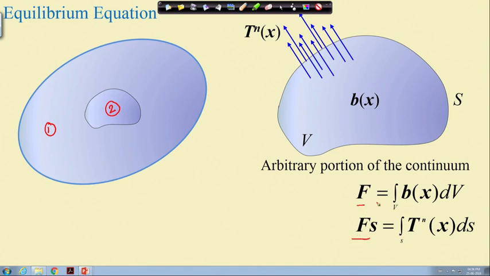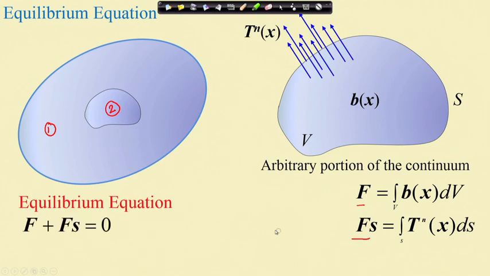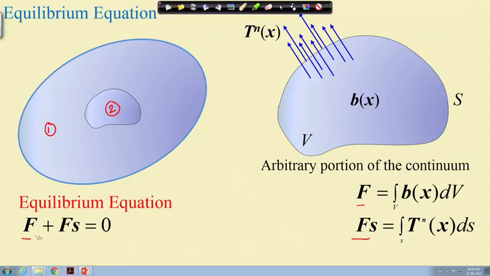The equilibrium says that the addition of these two forces, the summation of body force and surface force, has to be equal to 0. There is no inertia here, because we are talking only about a static problem. So, this is the equilibrium equation.